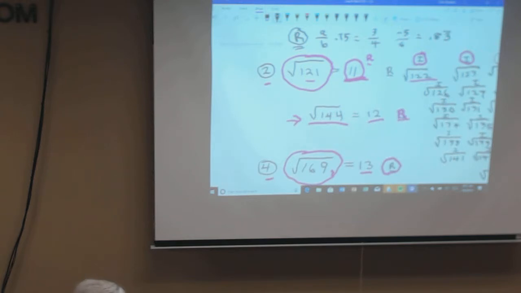Hit the square root button and see what you get. 11. And isn't 11 the same as 11 over 1? So what does that make this number right here? Rational.